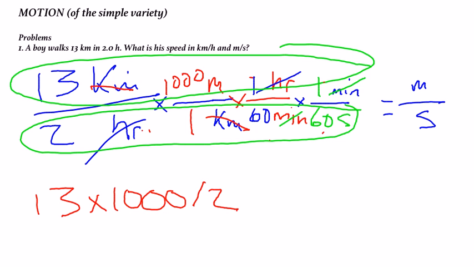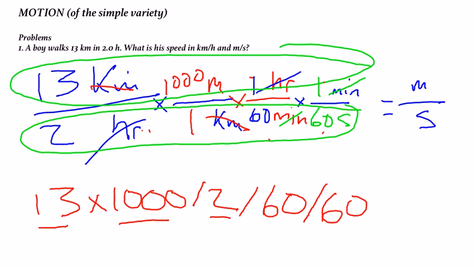Because these 60s are on bottom also, don't say times here, say divided by, because they're both on bottom. You could use parentheses, but then you have to worry about remembering. So I say 13 times 1,000 divided by 2 divided by 60 divided by 60. Plug that in, and you'll get your answer of 1.8 meters per second.